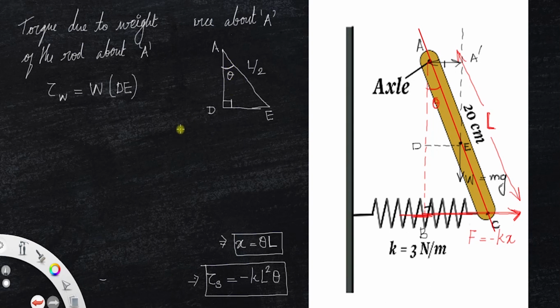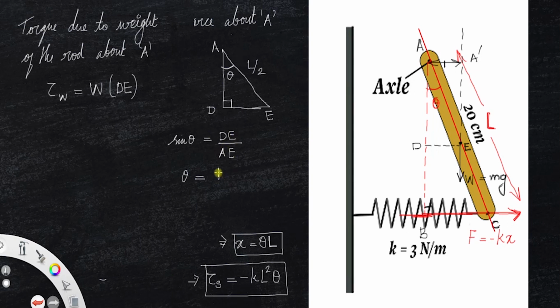Now sine theta will be opposite DE upon the hypotenuse AE. We can put sine theta as theta itself, because theta is very small.